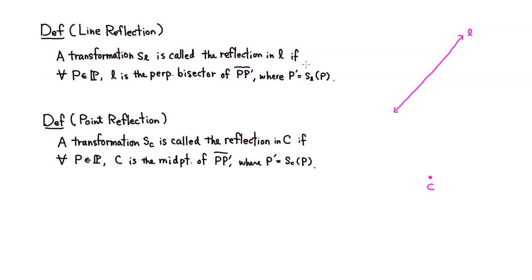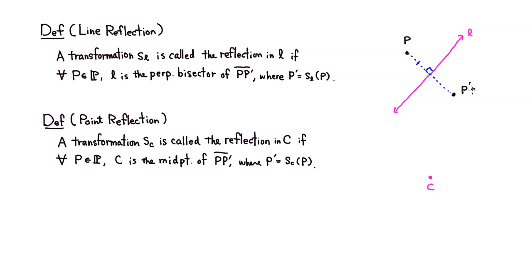So this is what's going on. I drew the line L here. Any point, for example, if you have a point right here, point P, then reflection, as we can guess, goes straight perpendicularly to the line L. Then you go exactly the same distance to the other side of L, and then you locate the point P prime.